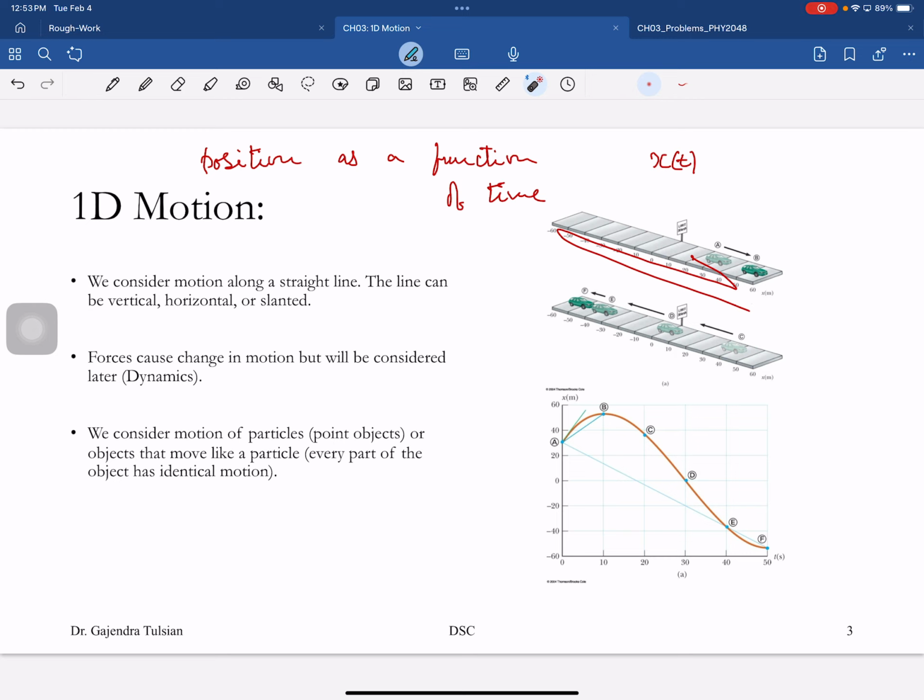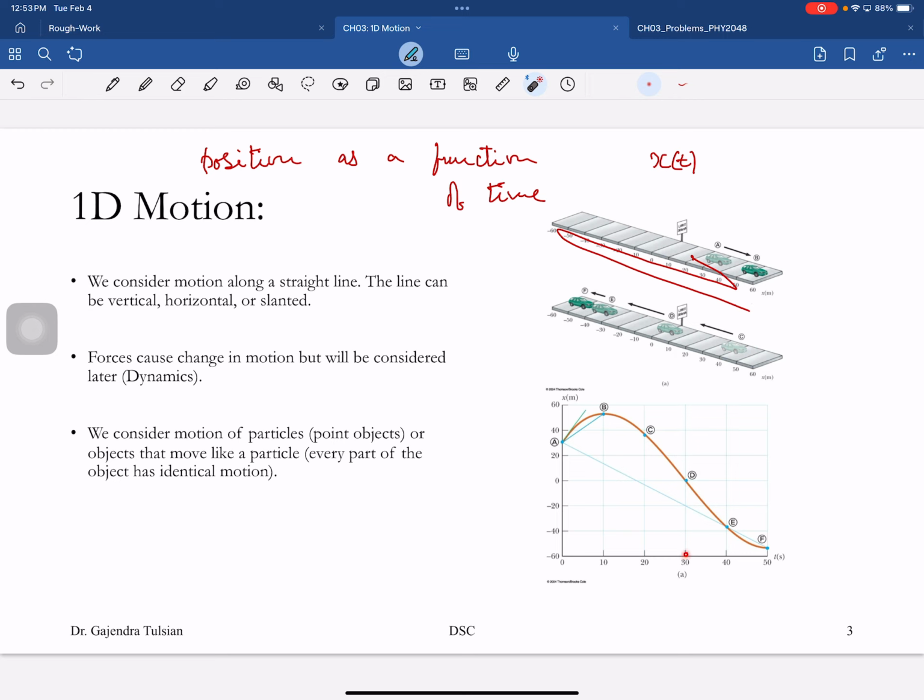Okay? And you already saw that if I wanted to calculate the velocity at this point, what do I do? Take the derivative at that point. Or graphically, what you would do is you draw a tangent line, and the slope of the tangent line gives you the velocity, which is the derivative. Okay?